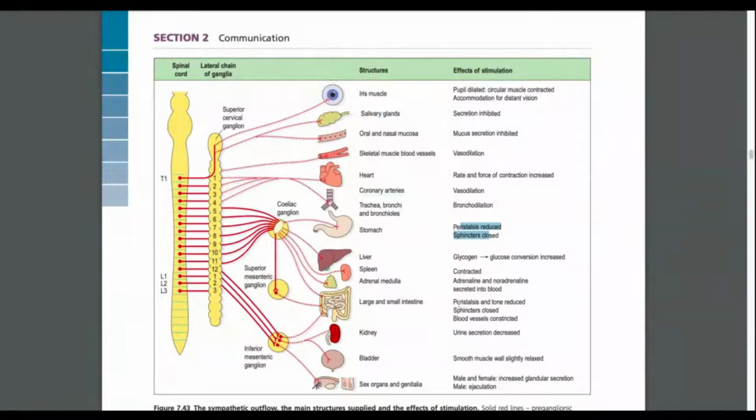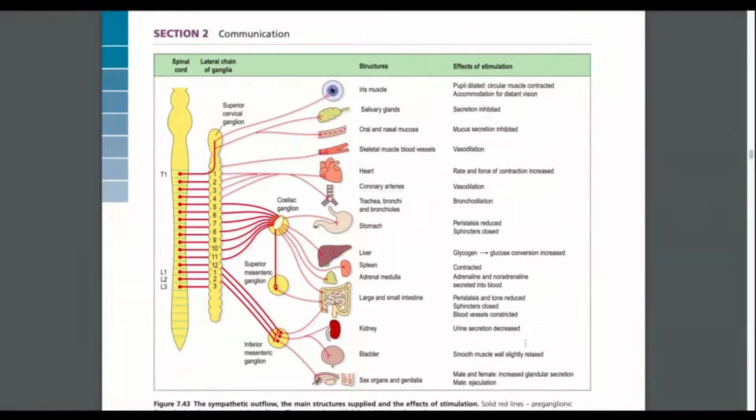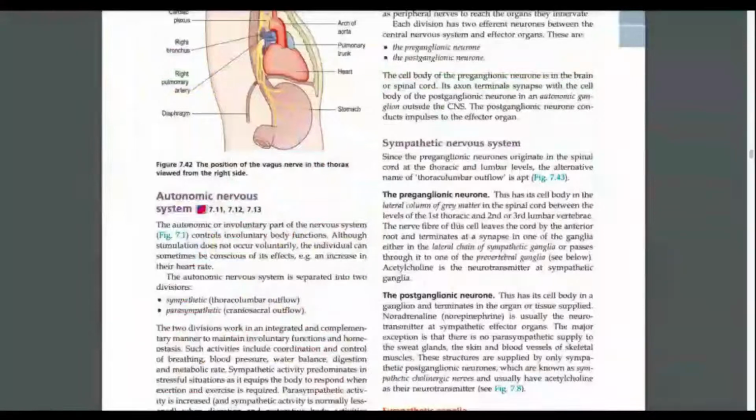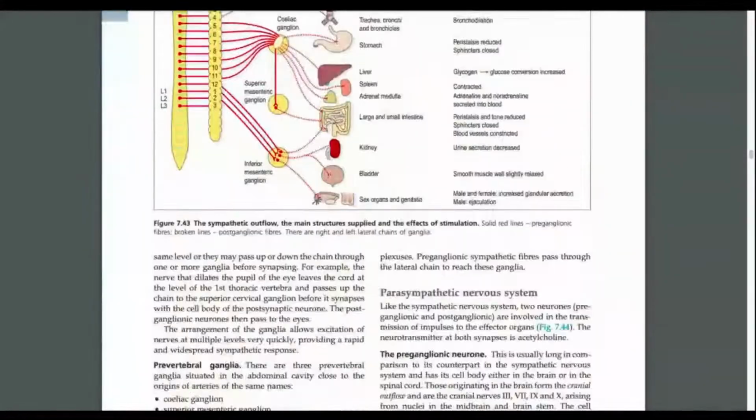Okay, then urine secretion will be decreased by the kidney, and the smooth muscle of the bladder will get relaxed, and in male and female it increases glandular secretion. So during the time of sex, ejaculation is caused by the sympathetic excitation of the inferior mesenteric ganglion, whereas the opposite function is done by the parasympathetic.